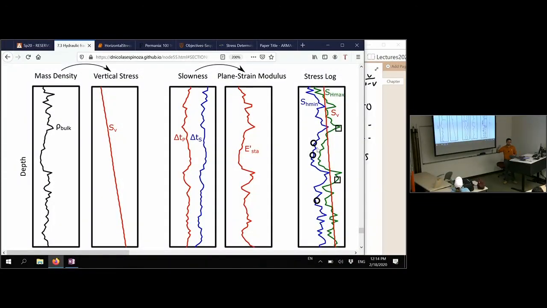If you know the properties of the rock, its Young modulus, its Poisson ratio, and if you know or calibrate what the tectonic strains are, you can tell what the minimum horizontal stress and the maximum horizontal stress are as a function of depth, knowing the vertical stress. So it's just one more step that we're going to do later on. You'll get to do it, but all of it is based on the equations that we just saw.